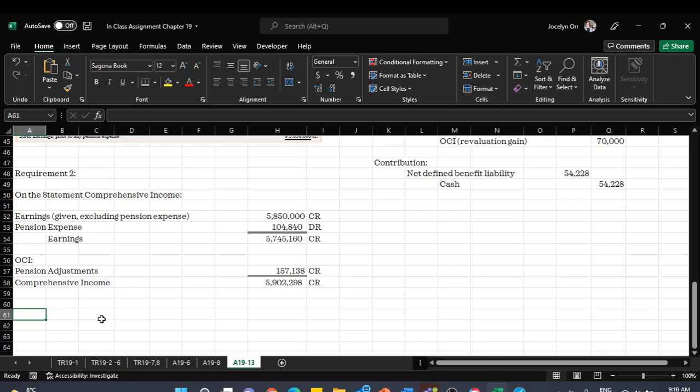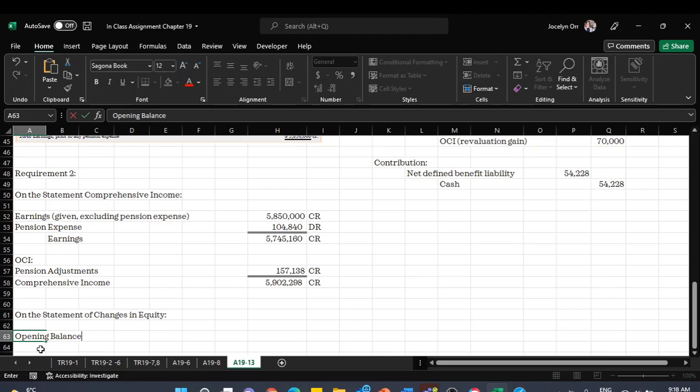So after our statement of comprehensive income, we're going to look at the changes on the statement of our changes in equity, starting with our opening balance.